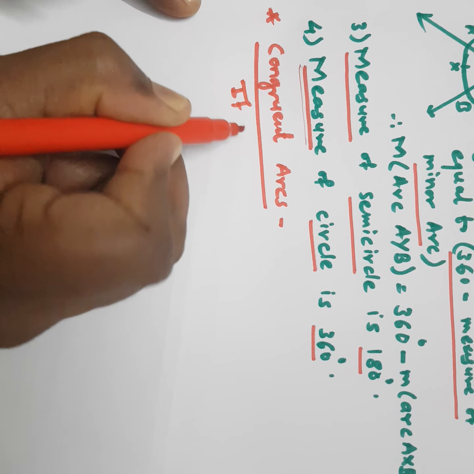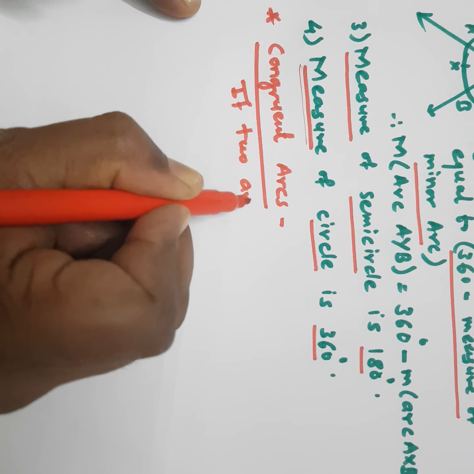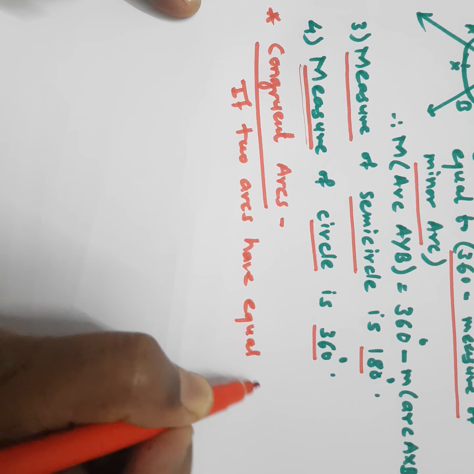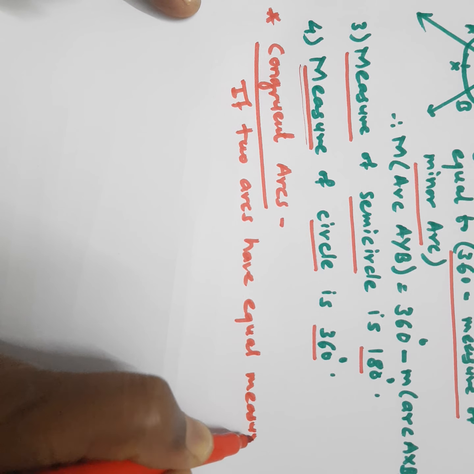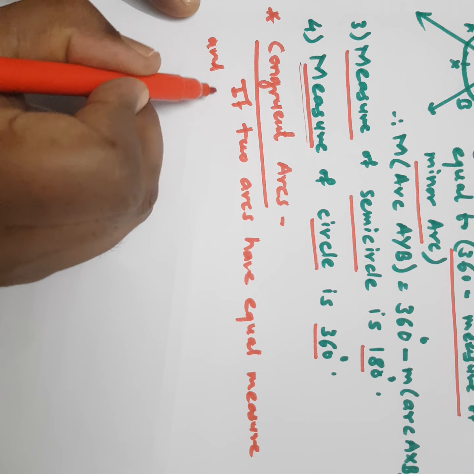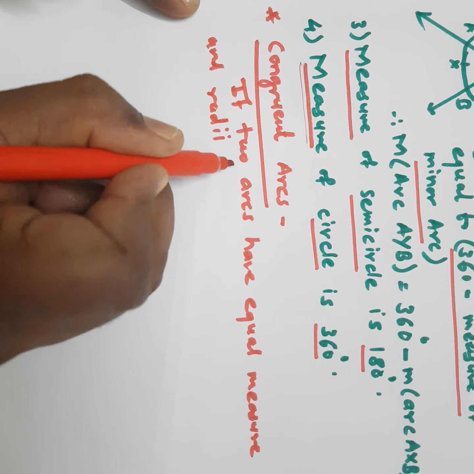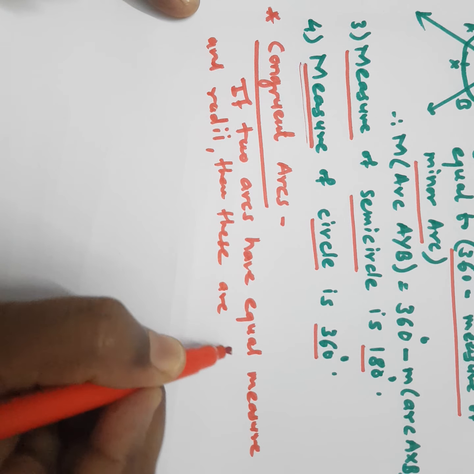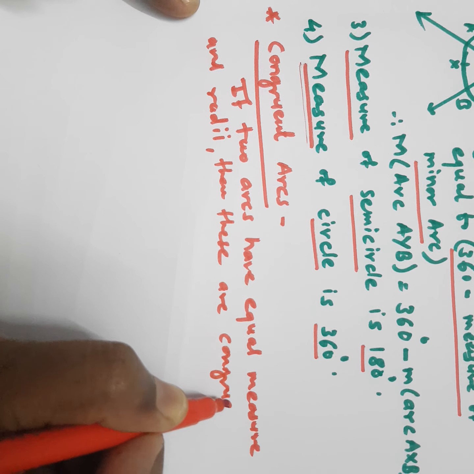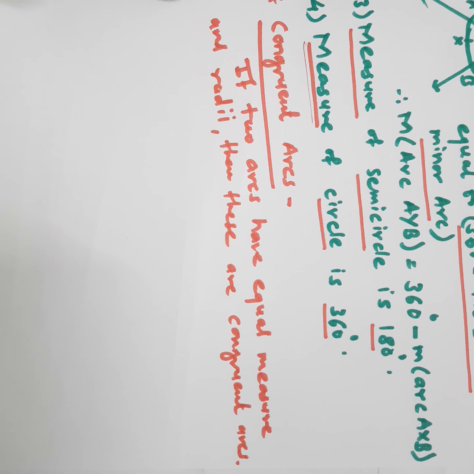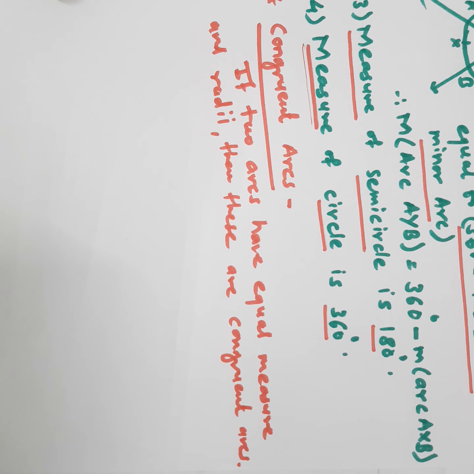If two arcs have equal measure and radii, then these are congruent arcs. Or we can also say two arcs of the same circle.